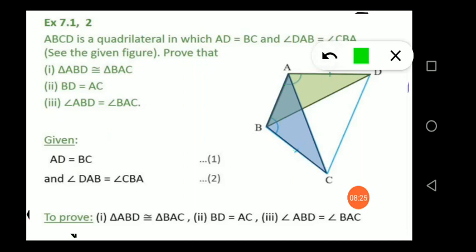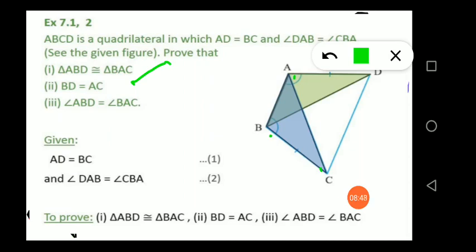First we have to prove that triangle ABD, marked here in green, is congruent to triangle BAC, marked here in blue.